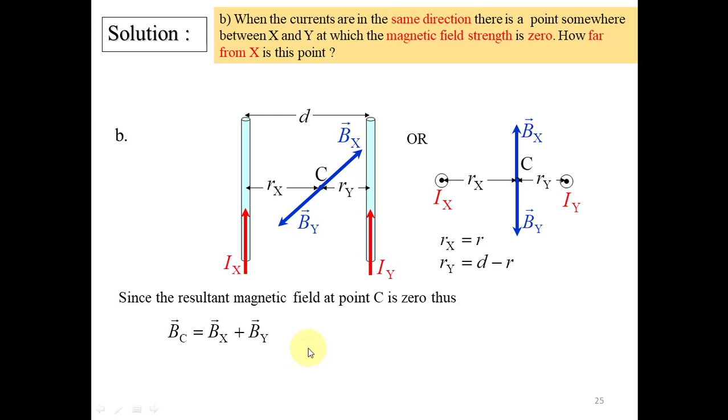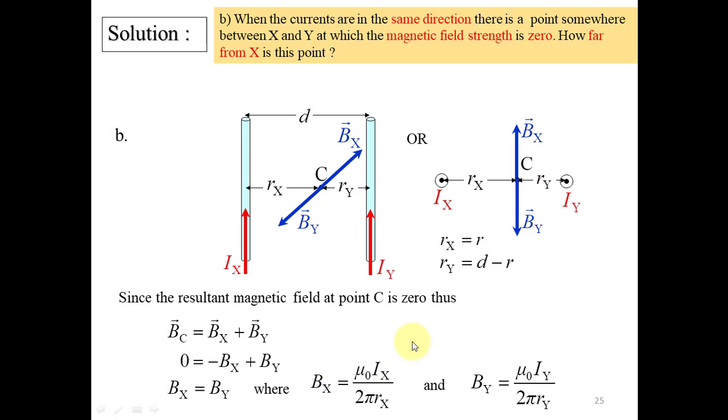Since the resultant magnetic field at point C is 0, therefore BC equals Bx plus By. That is, one of them must be of the same magnitude but opposite direction, since BC equals 0. So that means Bx equals By.